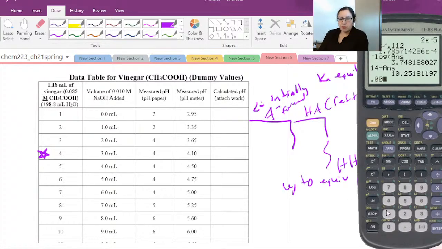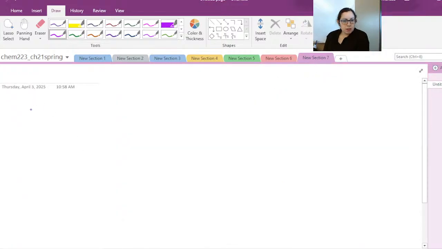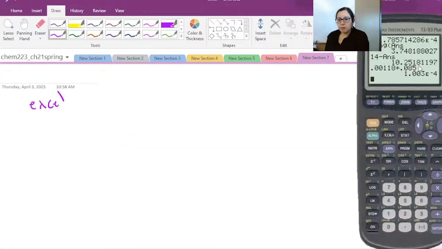So 0.00118, 8 of our vinegar times our molarity. So we had that many moles to start off with. And again, right, you can kind of think about your Excel chart. I'm not going to painfully make one.